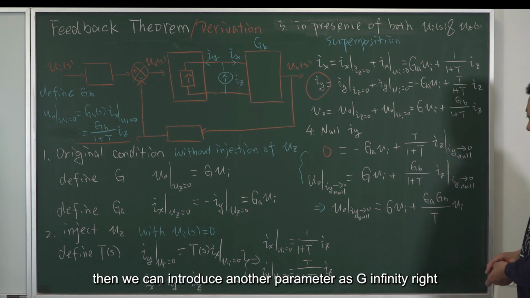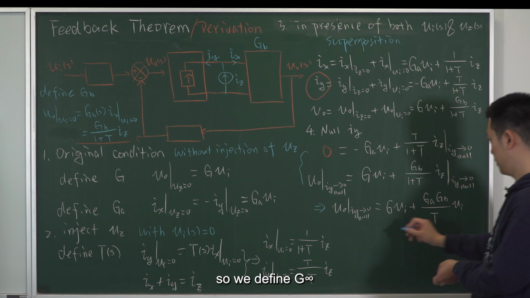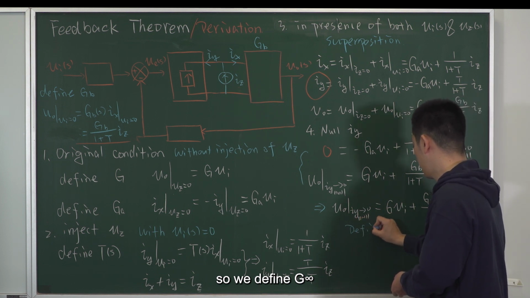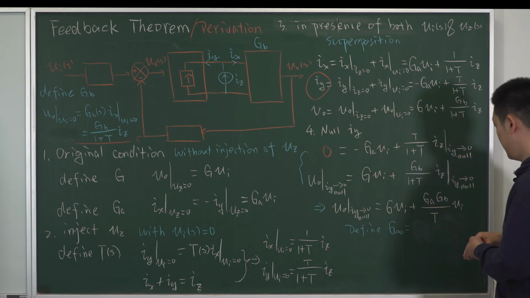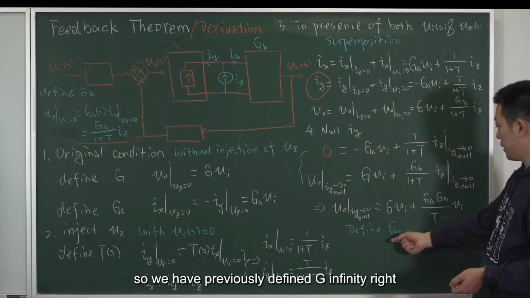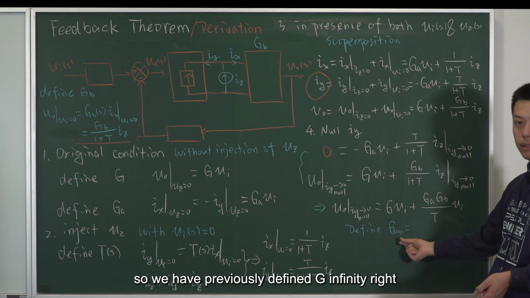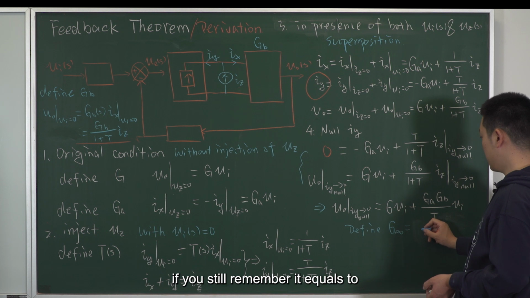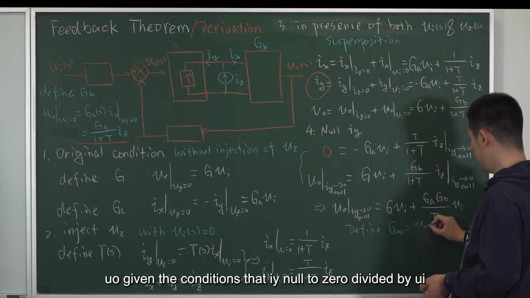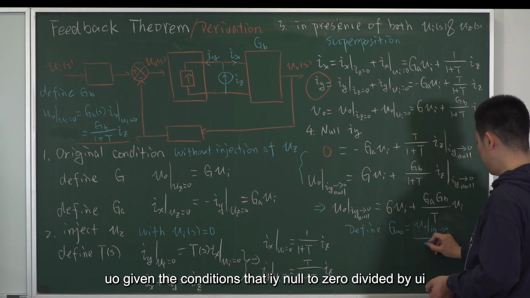Then we can introduce another parameter as G infinity, right? So we define G infinity. If you still remember, it equals to UO given the condition that Iy is nulled to 0 divided by Ui.